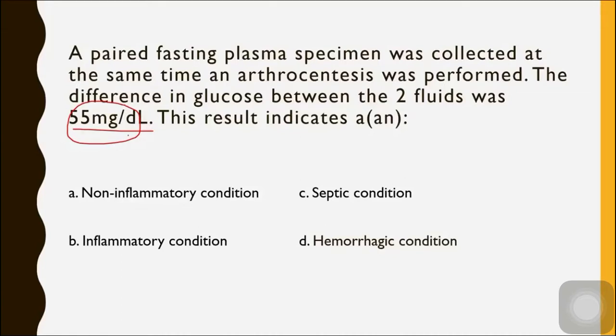Okay, so the answer here may indicate, of course, septic condition. Of all the conditions being given, the septic condition will manifest the highest decrease in glucose. Okay, same with CSF glucose. So markedly decreased yung glucose for septic condition or bacterial condition.